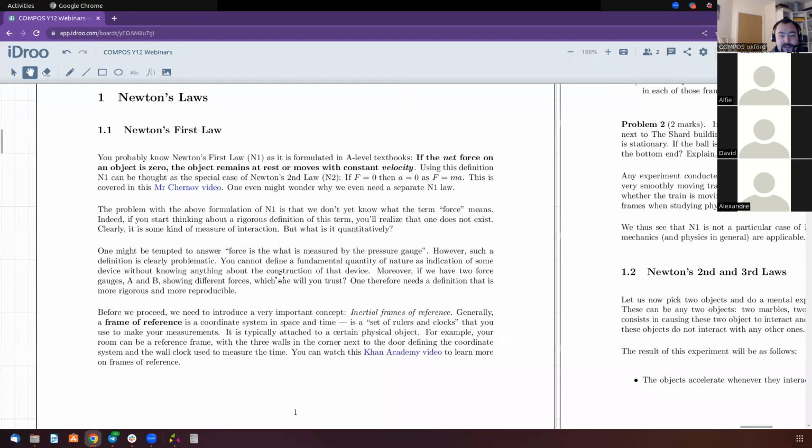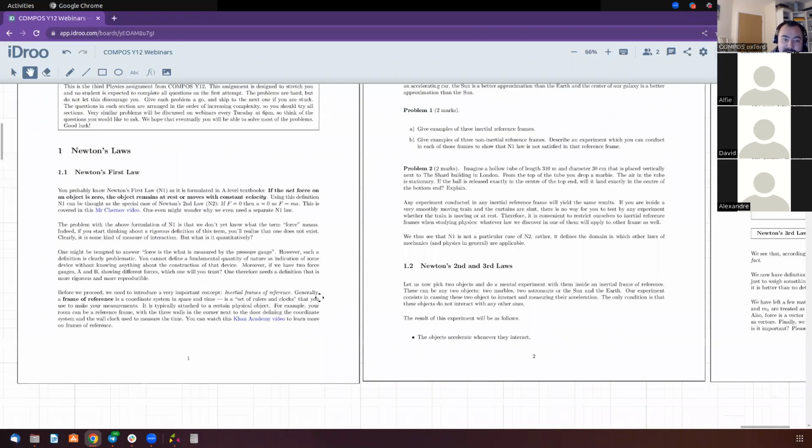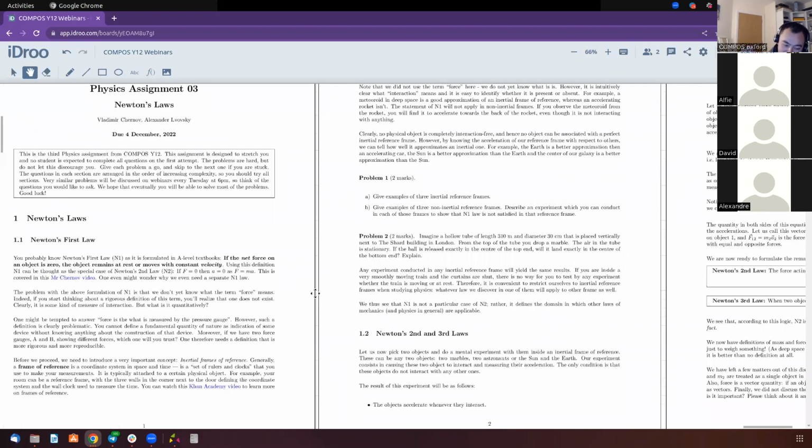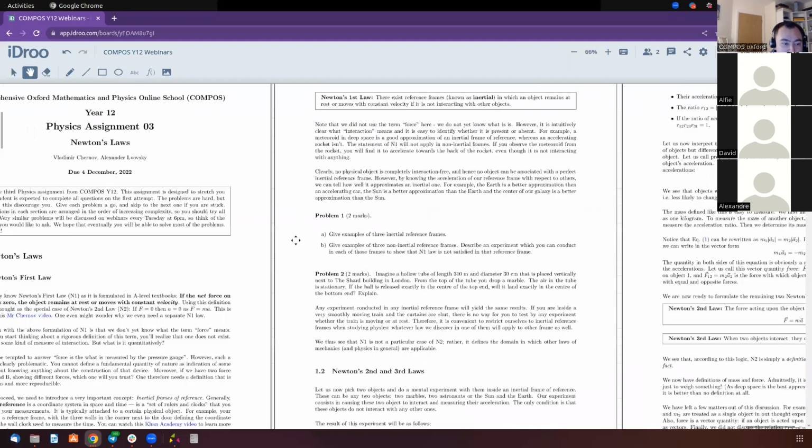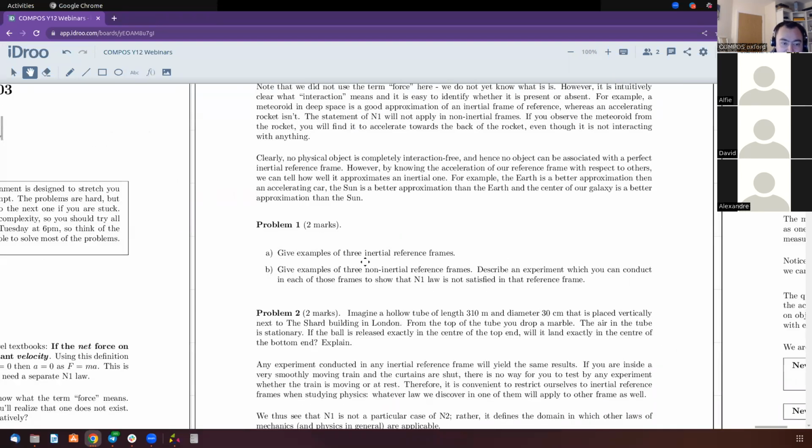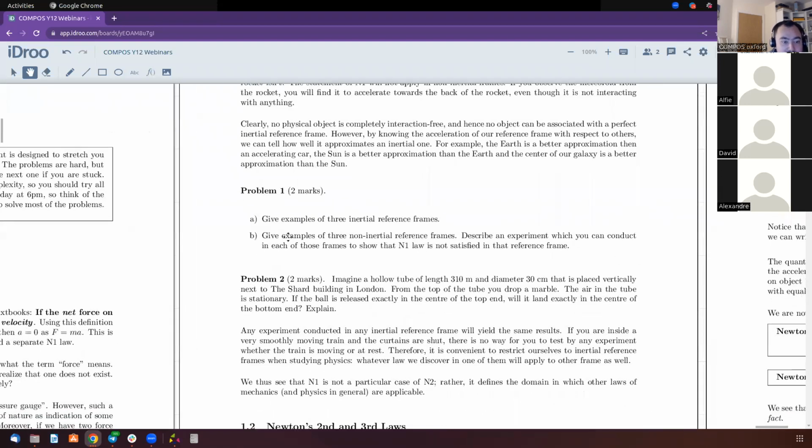An inertial frame of reference, for example, a train moving at constant speed, but an accelerating train is a non-inertial frame of reference. And the first problem gives examples of 3 inertial frames of reference. Well, that's fairly simple. I give examples of 3 non-inertial frames of reference and describe an experiment which you can conduct to show that it is not satisfied.